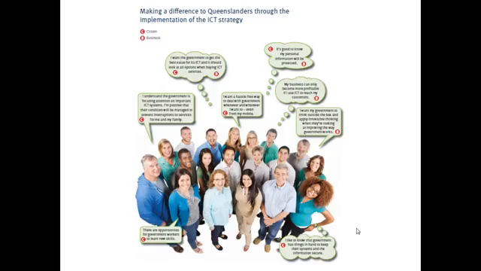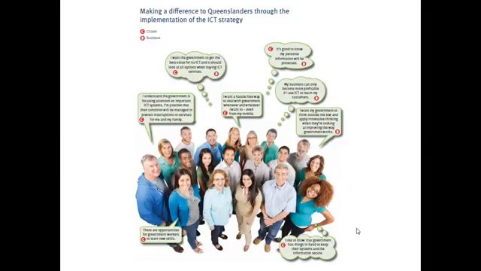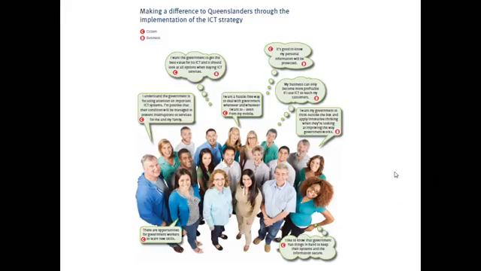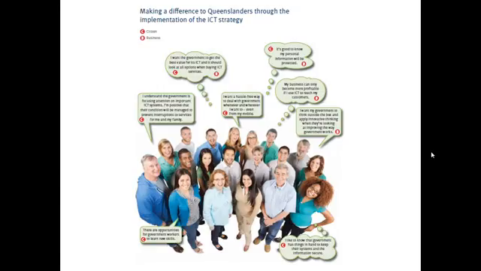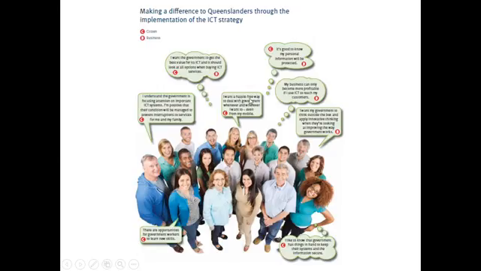Now I like this diagram, and I put it here because it tells me that they have done a bit of their homework. The whole idea behind a strategic plan is, again, to understand your business a little bit better. So over here they have looked at the citizens and the business in terms of what their requirements are, because their requirements will sometimes drive the plan. For example, here we have a citizen who says, I want a hassle-free way to deal with government whenever and wherever I want to, even from my mobile.